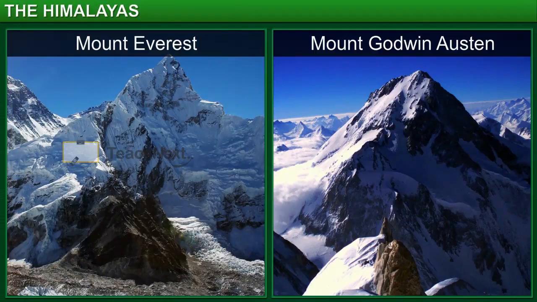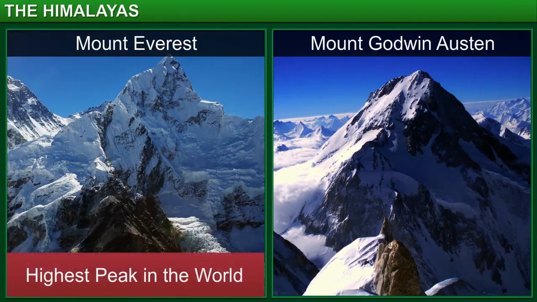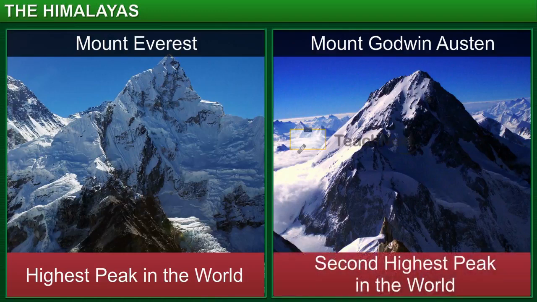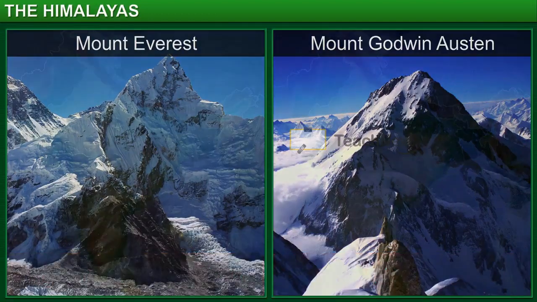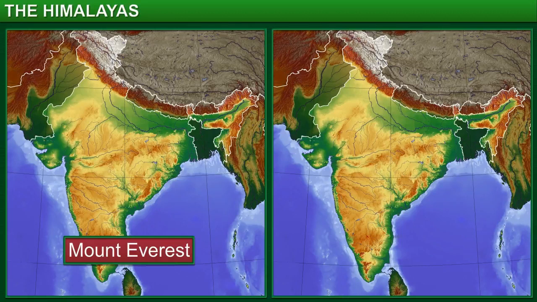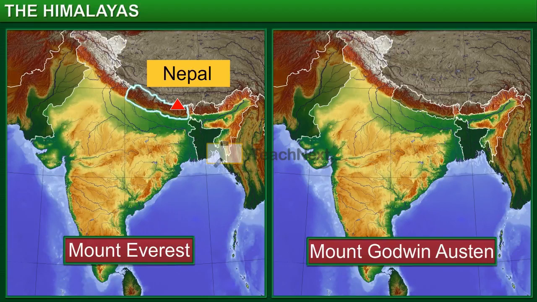For example, Mount Everest, the highest peak in the world, and Mount Godwin-Austen, the second highest peak in the world, are all part of this range. Mount Everest is located in Nepal, while Mount Godwin-Austen is in Ladakh in India.